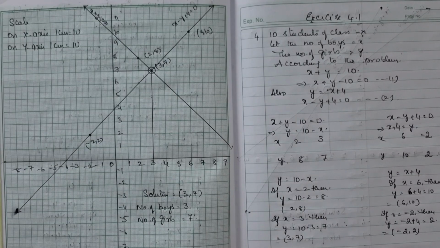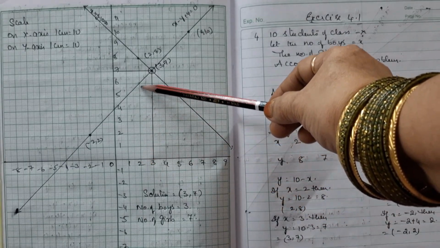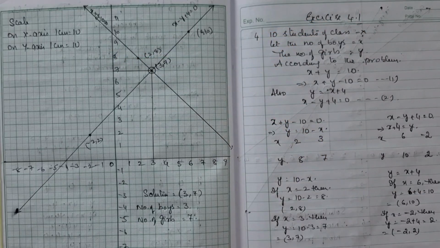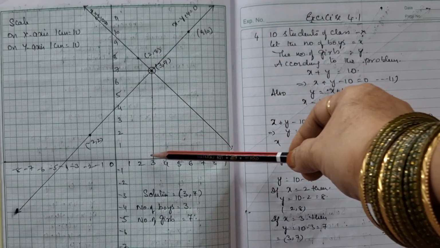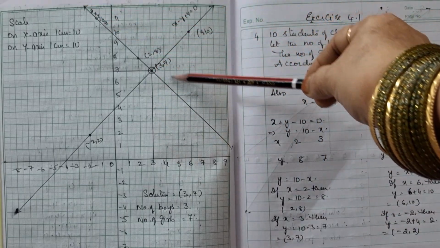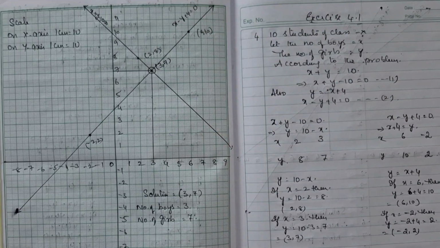So in the graph, what are you doing first? 2 comma 8. See, this is 2 and this is 8. This is the 2 comma 8 point and 3 comma 7. This is 3 and this is 7. So this is the line that I have got for x plus y minus 10 is equal to 0.